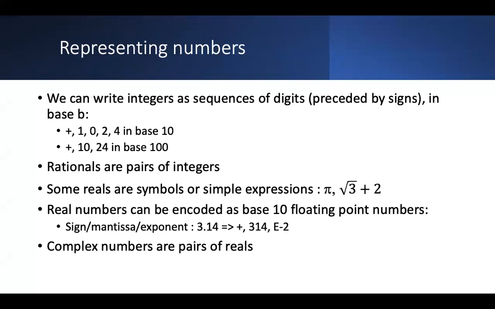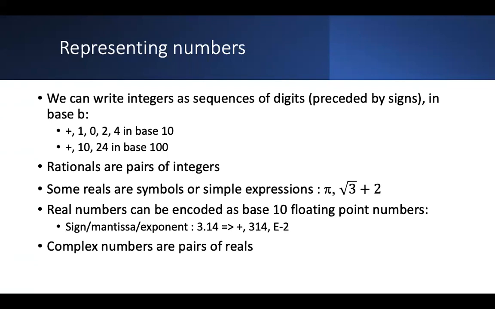For integers, we've seen that we write them as sequences of digits encoded in some base. So 1024, you can represent as 5 tokens, plus 1024. If you think it's too long, you take it in base 100. You can always do that. Once you have the integers, you can do the rationals. You can do some of the real numbers by considering their symbol.